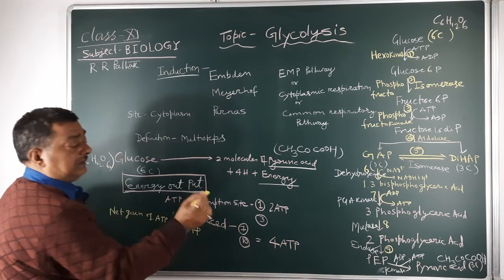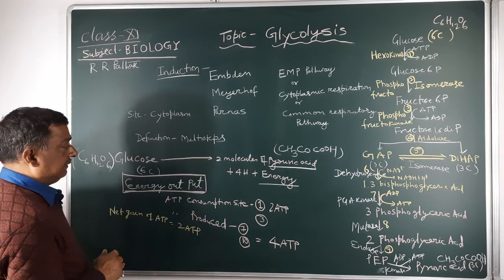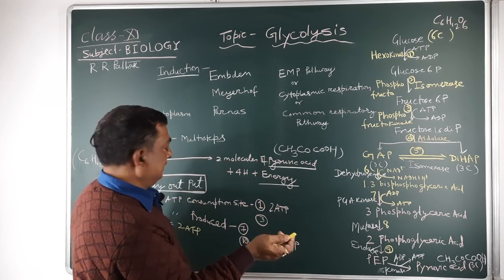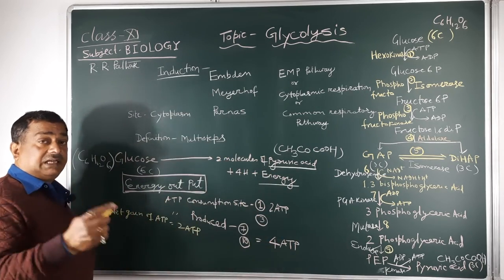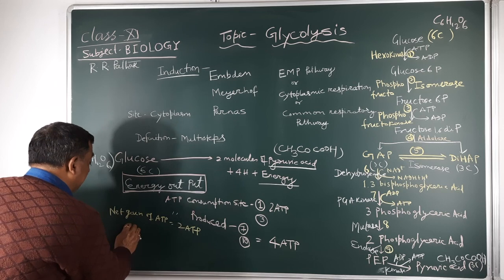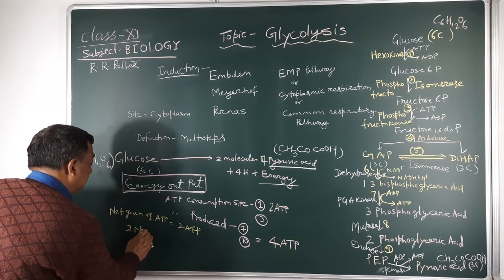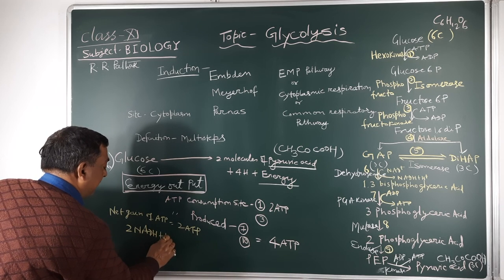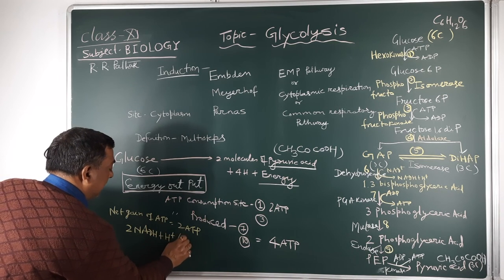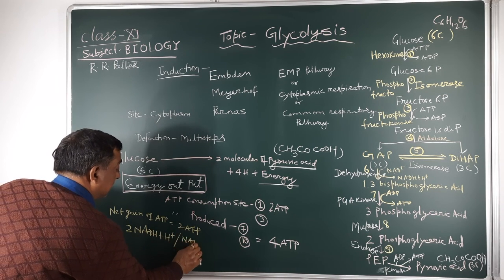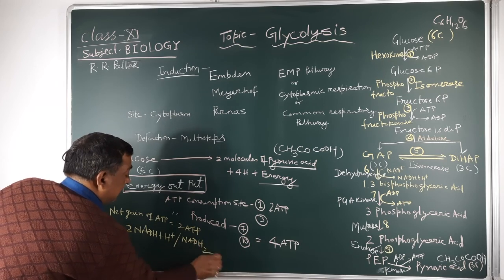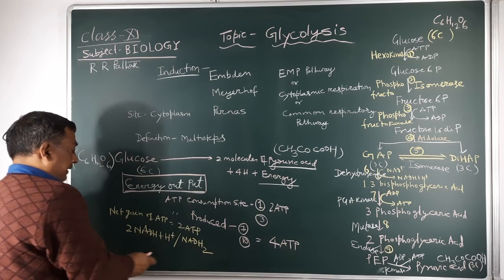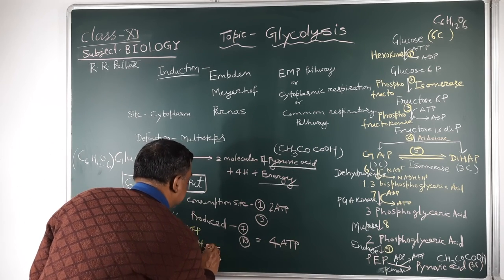They are called substrate level phosphorylation because this ATP is produced directly from the substrate. Besides the production of 2 ATP, 2 NADH2 are also produced. NADH plus H plus or NADH2 is not available during the anaerobic process.